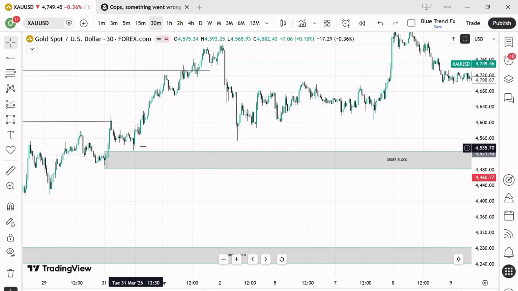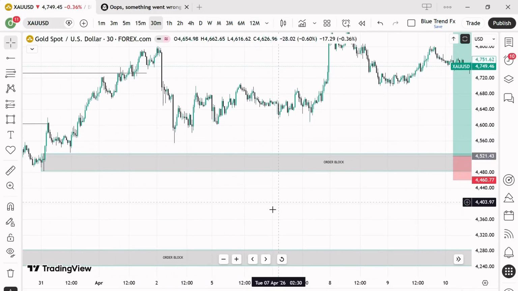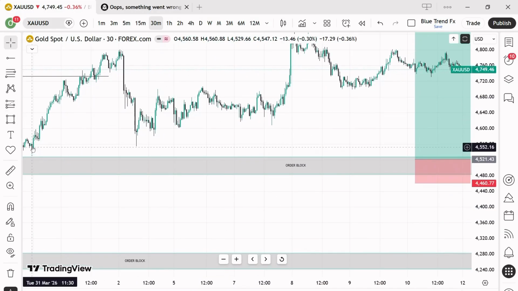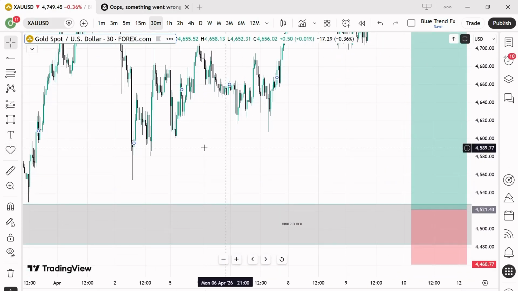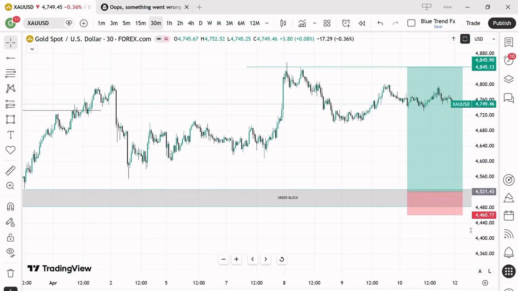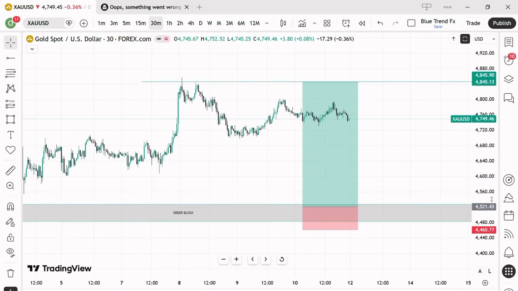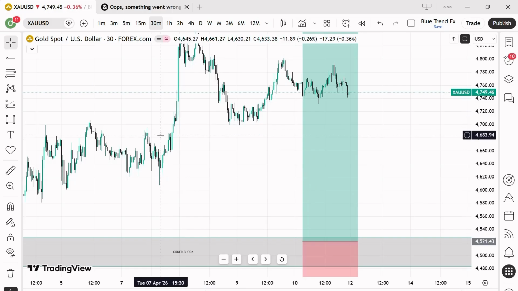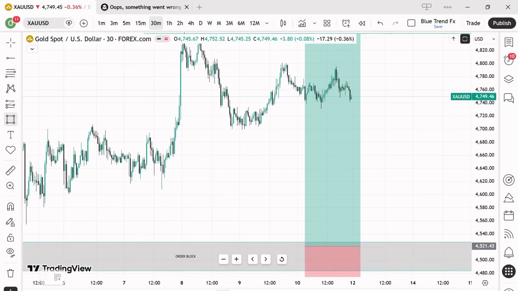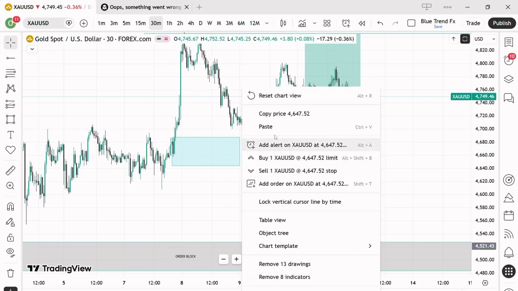I'll consider this as an inducement for market to tap into this region, and also because this has been mitigated. The most recent zones that we can actually consider have all been mitigated, guys, except from this level right here.